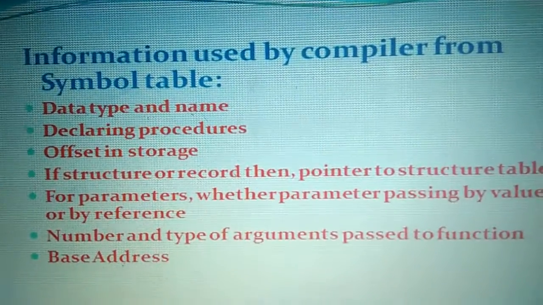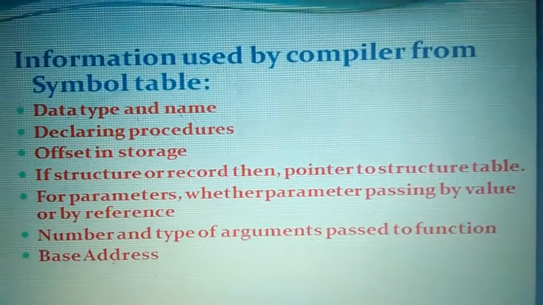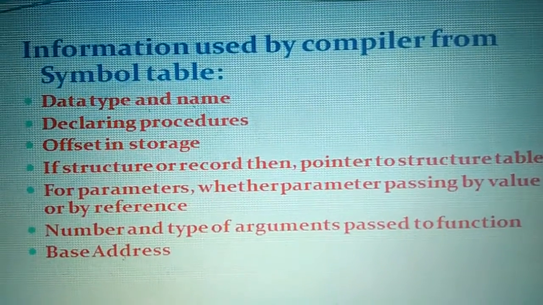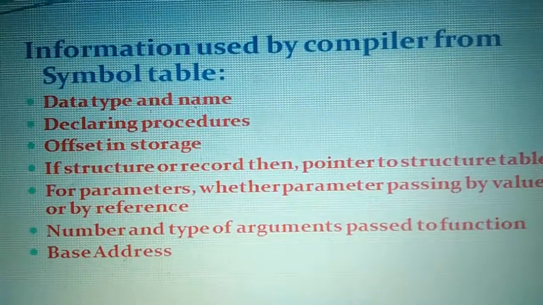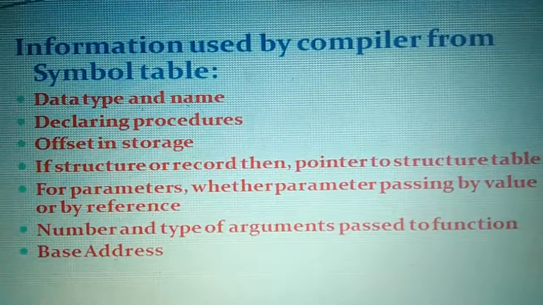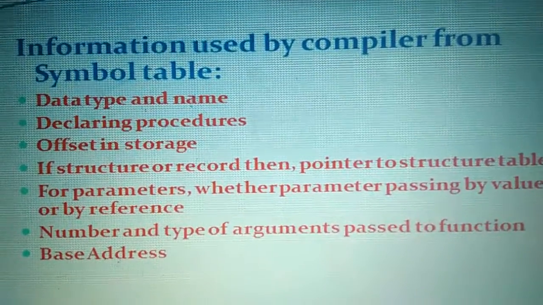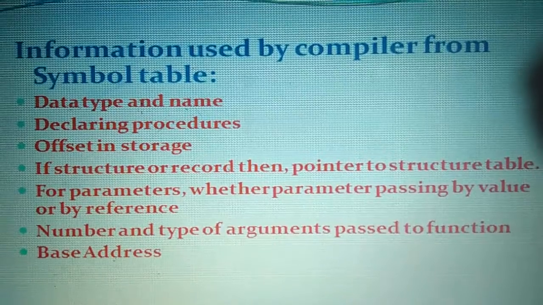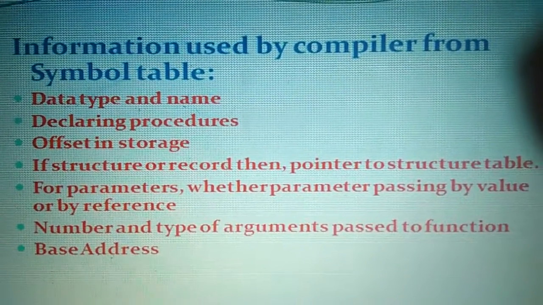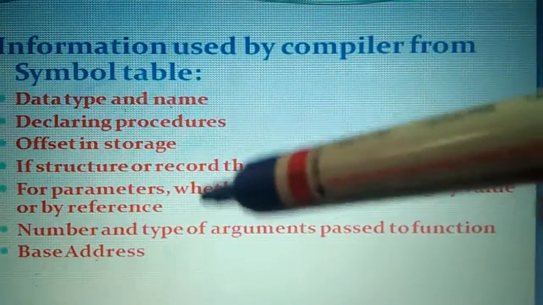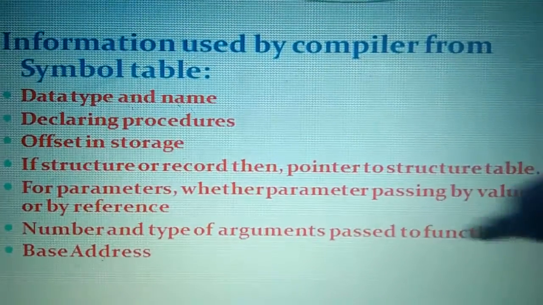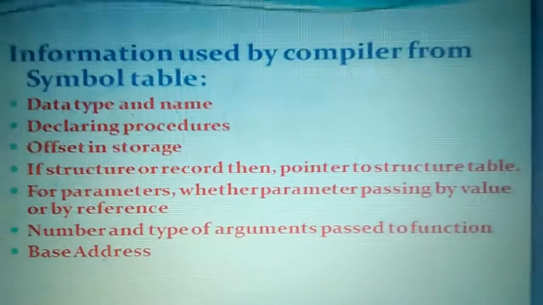These are the pieces of information the compiler makes use of in the symbol table: data types and names, declaring procedures, offsets in storage, whether a structure, record, or pointer to a structure table is involved, whether parameters are called by value or by reference, the number and type of arguments passed to functions, and base address.